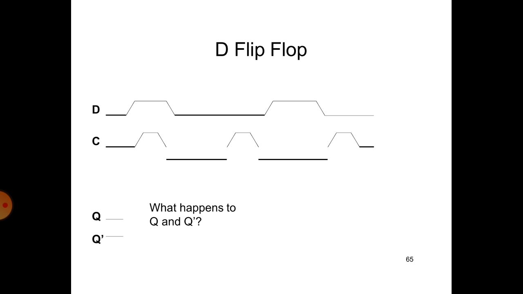So this timing diagram shows the D flip-flop timing diagram. So here D is the input and C will be the clock and Q and Q bar will be the output.